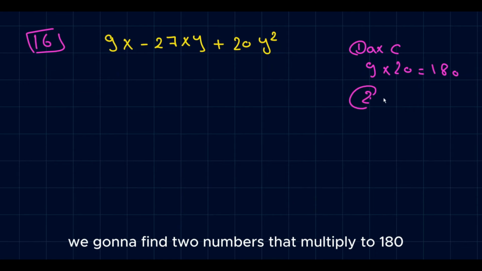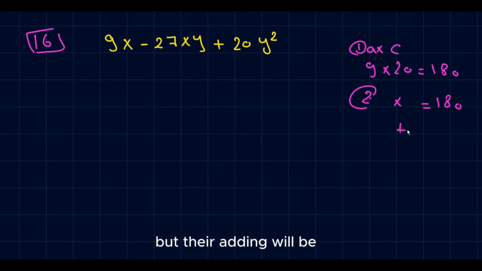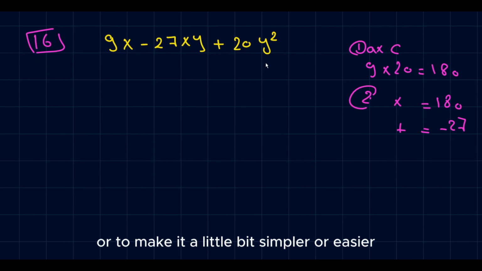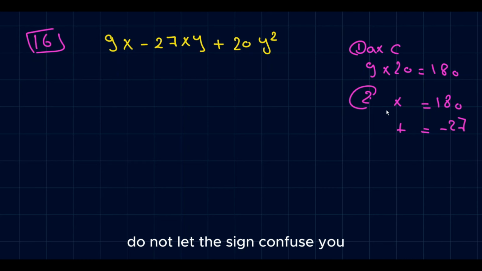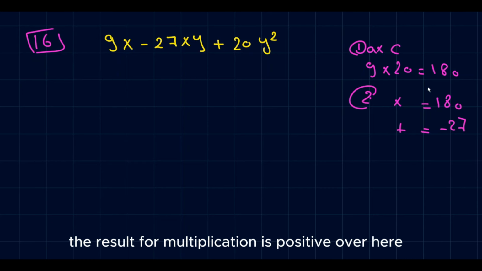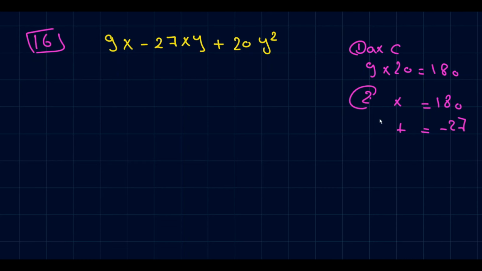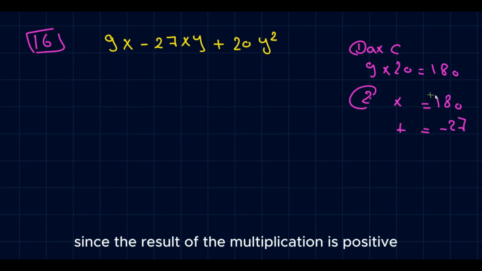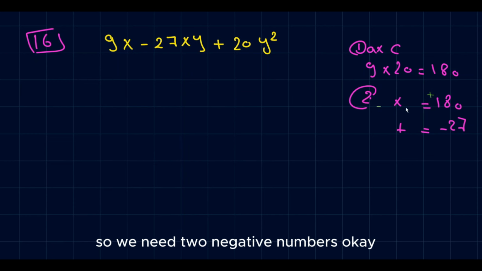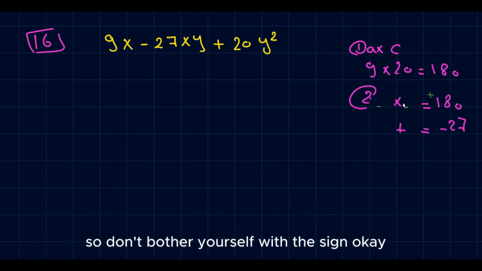We are going to find two numbers that multiply to 180 but add up to our B, which is negative 27. To make it a little simpler, do not let the sign confuse you. The result of the multiplication is positive here, so we need two negative numbers. Don't bother yourself with the sign.